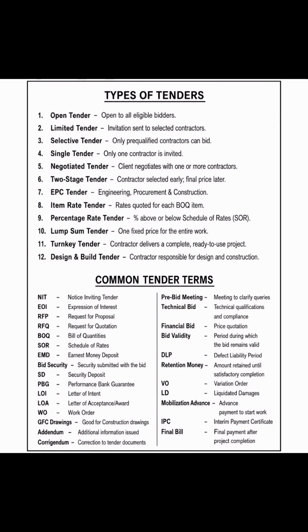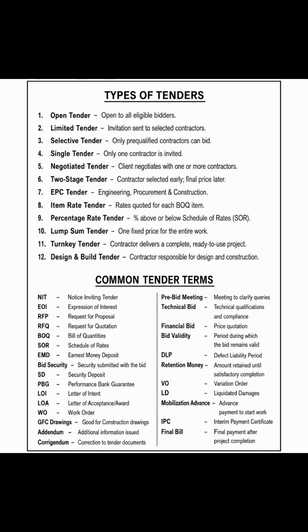But instead of splitting them, maybe mason take this, plumber take this, you can just make it a lump sum, so that you calculate the whole amount it's going to require to fix that particular problem. So for lump sum tender, you have a particular fixed price for the entire work.